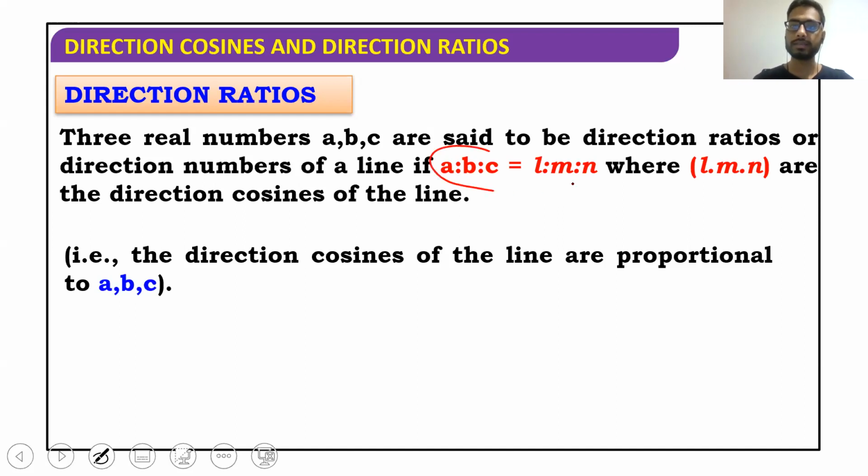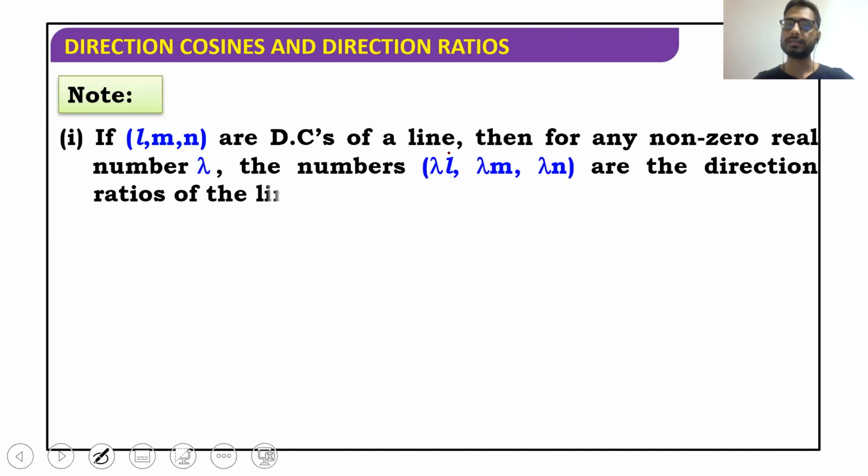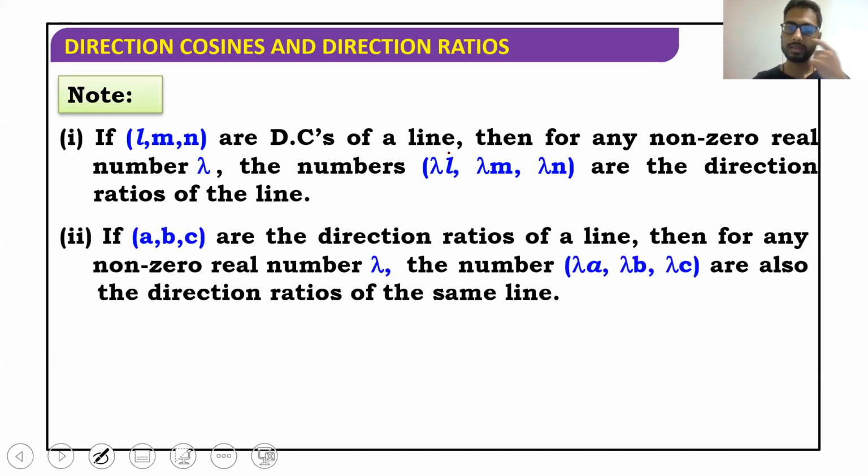That ratio is nothing but your direction ratio, A is to B is to C. If you multiply your direction cosines by lambda, you will get lambda L, lambda M, and lambda N. Even if you multiply them with a particular constant term, that ratio would be constant. Therefore, you get A, B, C, which is your direction ratio, and those direction ratios are going to be constant.